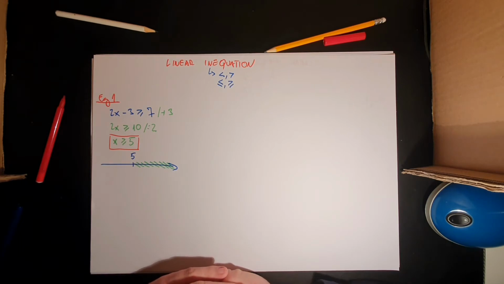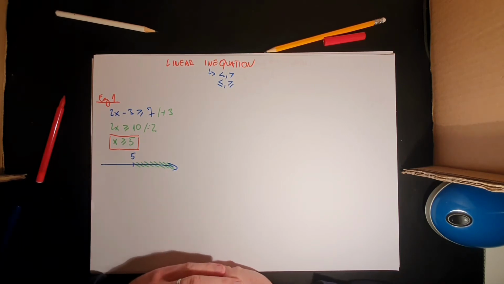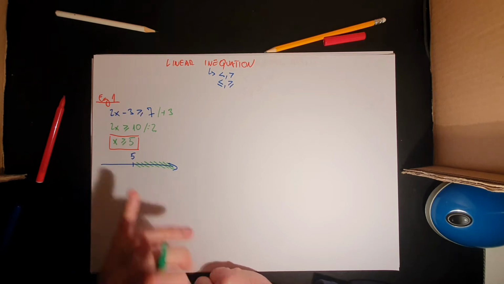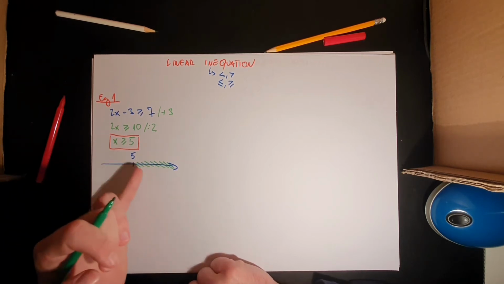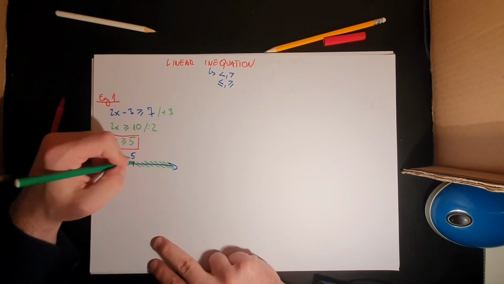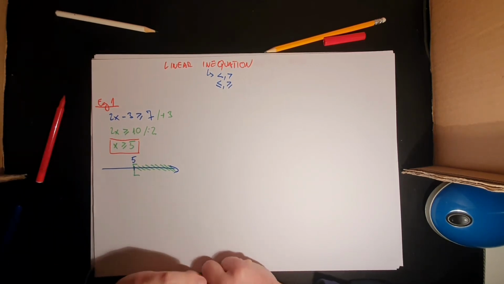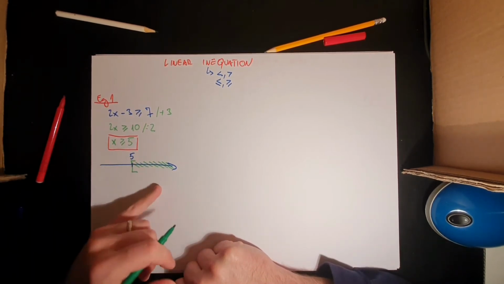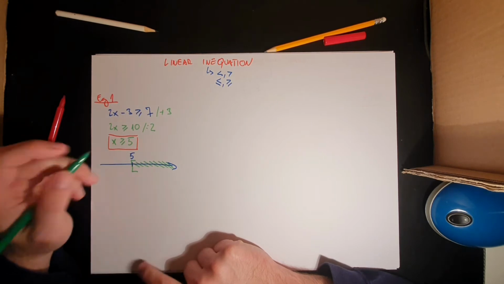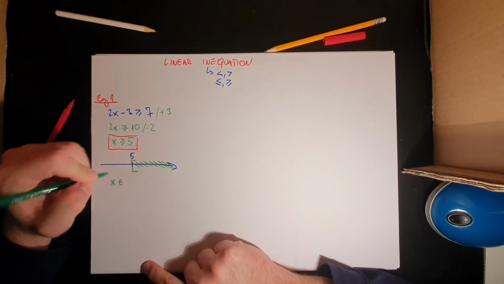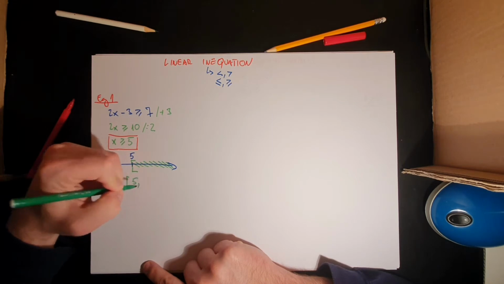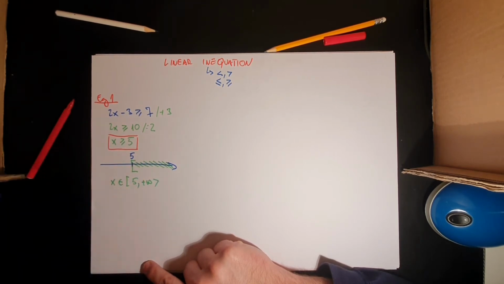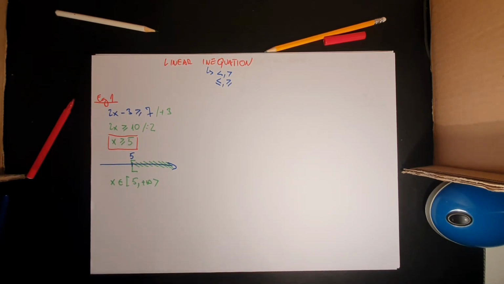And one last thing: we have equality in this inequation, so x can be equal to 5, and we put the bracket corresponding to the inequality. So let's write this set down, or interval in this case. x is an element of the interval from 5 to plus infinity, with 5 included. That's why we needed to learn the intervals themselves. So this was a simple enough situation.